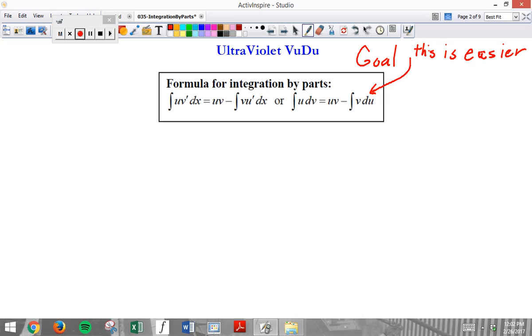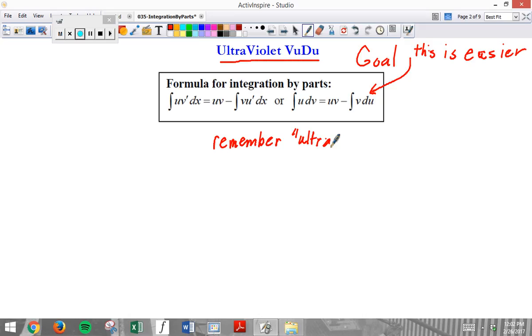One way I tell students to try to remember this is this acronym right here, ultraviolet voodoo. Why? UV is an acronym for ultraviolet.